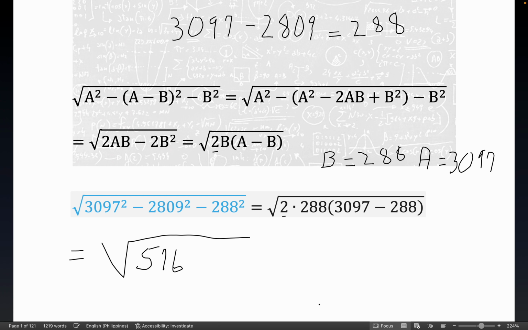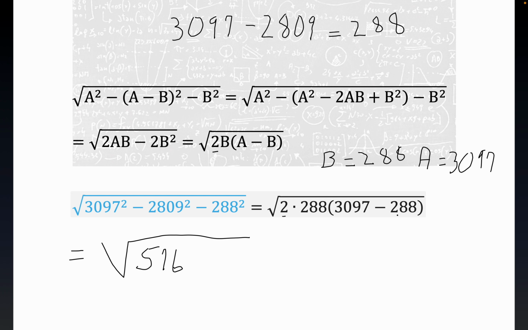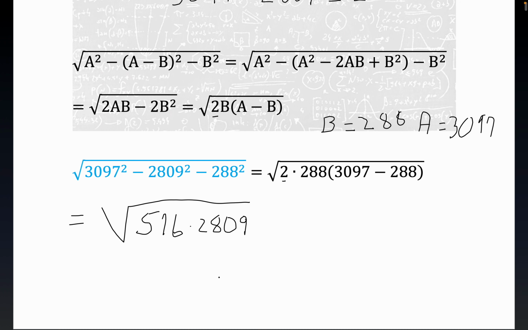Then I think this one here, what would this be? 2809. So this would be times 2809. So we already know, if you've been around numbers very much at all, that 24 times 24 is 576. That's an easy multiply. 2809 is not quite as clear. So let's take a look at how we might narrow this down.